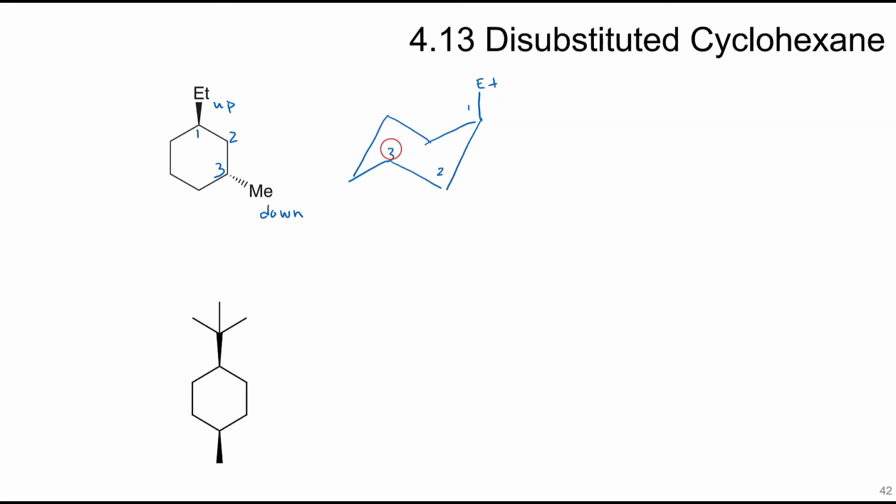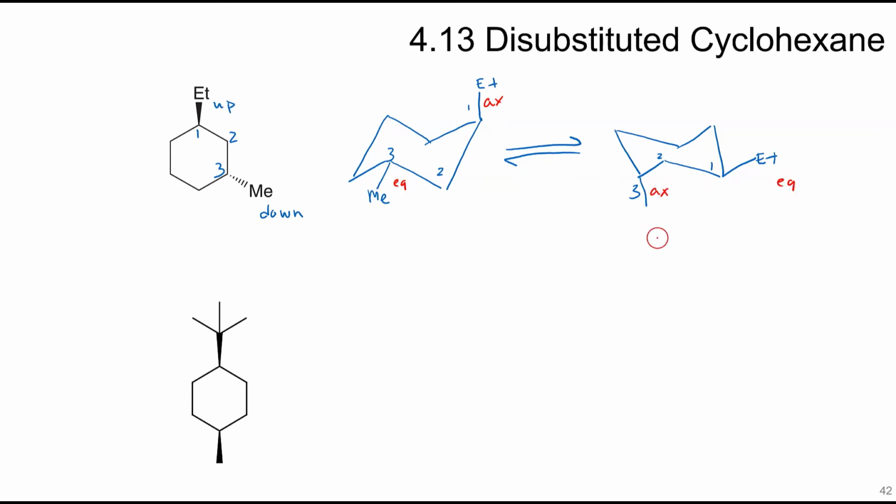This corner is up, so that's going to be axial up, so this will be equatorial down. So that is 1. If I do my flip, this becomes 1. This is still going to be up, but it will become equatorial, and this becomes axial. So axial, equatorial, axial, equatorial.